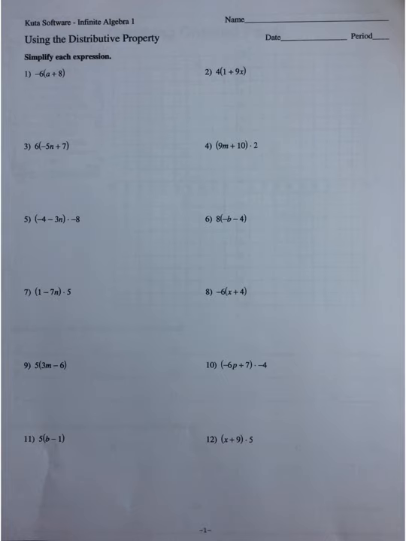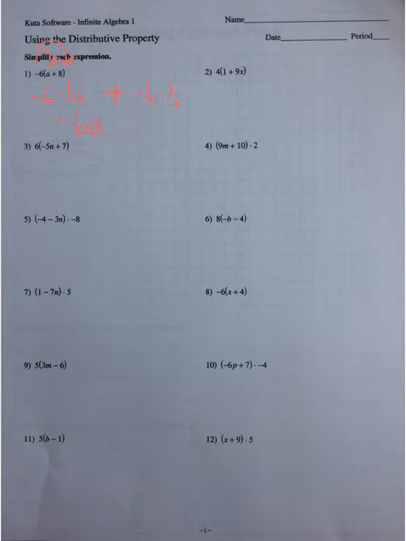So let's just look at the first example. Example 1. We're going to take that -6 and we're going to multiply it by everything inside the parentheses. So we're going to take -6 times the 1a. And when we take -6 times 1, we get a -6 and we attach the a. And now we're going to take the -6 times the 8.